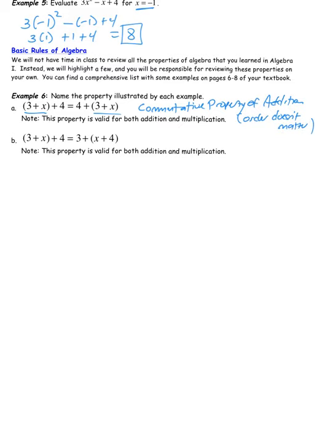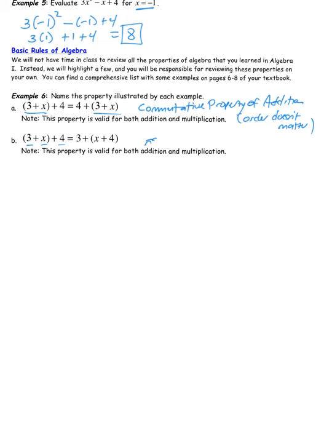The next one I want to highlight is the quantity 3 plus x plus 4 equals 3 plus the quantity x plus 4. So what's happening in this one, I'm not reordering the terms. You see I have 3 plus x plus 4. In each case, the 3 and x and 4 are in the same positions. But what's changed here is the grouping.